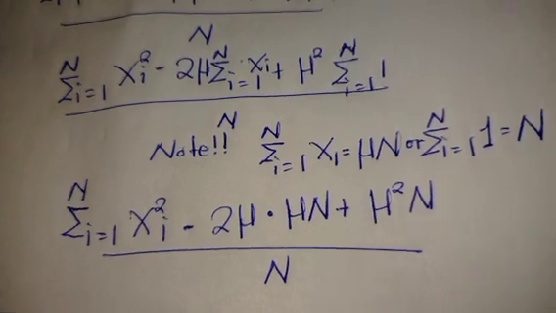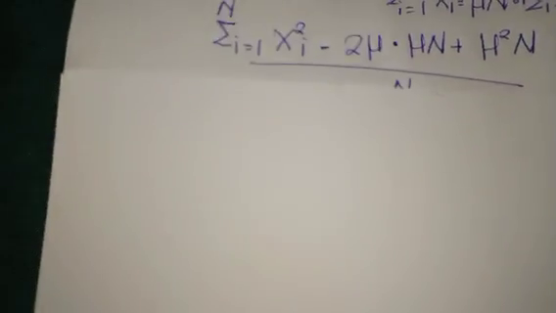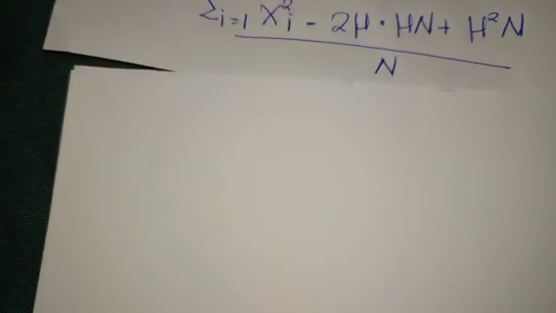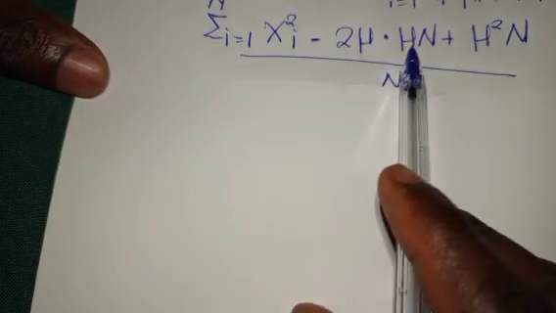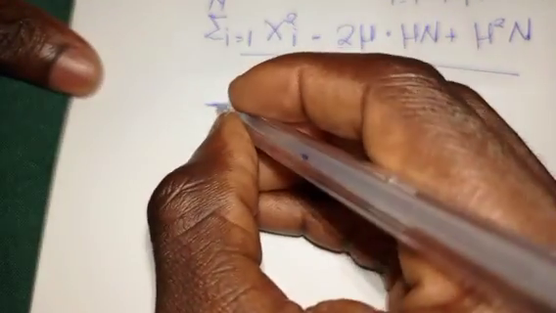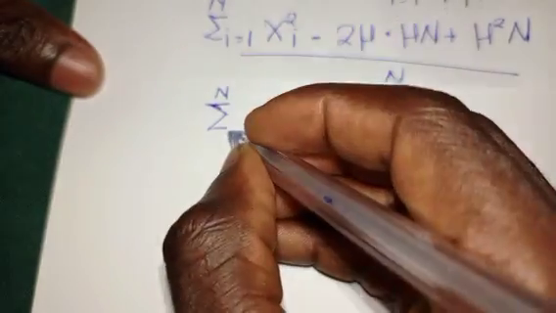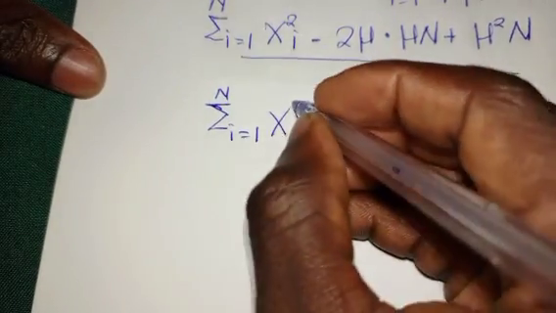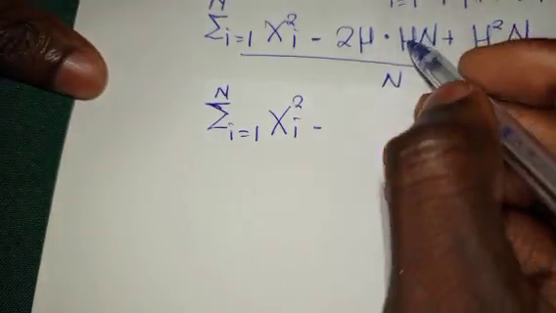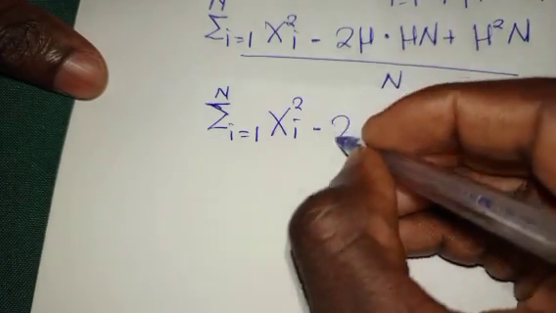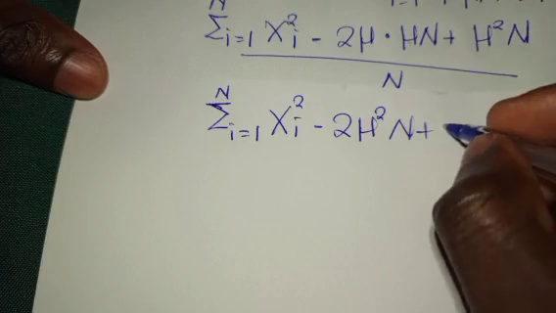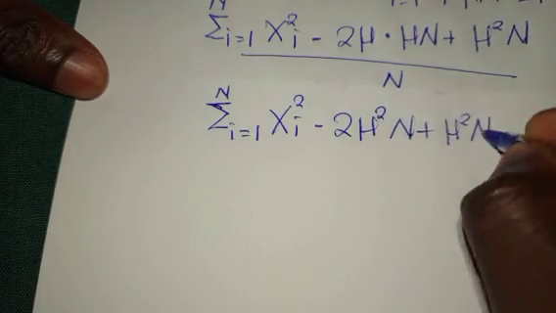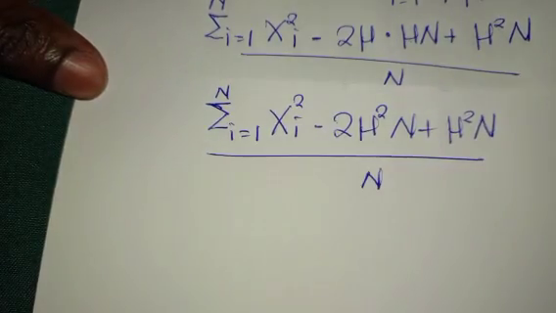Now that we have that information, let us continue on a clean sheet. Mu times mu: the summation of i equals 1 to n of x_i squared minus 2 mu squared n plus mu squared n, over n.